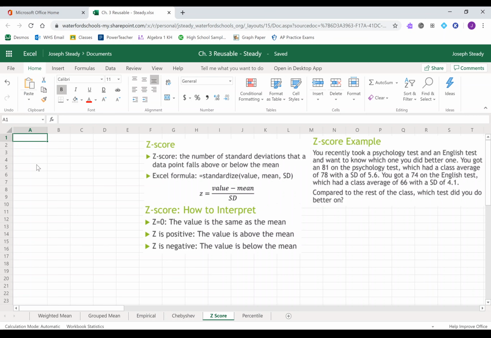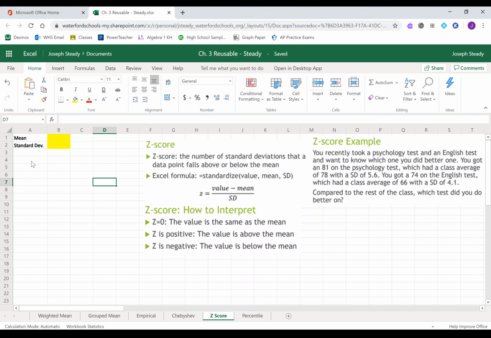So let's try to set this up. The first thing we have to tell Excel is, what is the mean and what is the standard deviation? These are values that we're going to put into this formula every time, so I'm going to highlight them yellow because we have to enter those every time we use this.